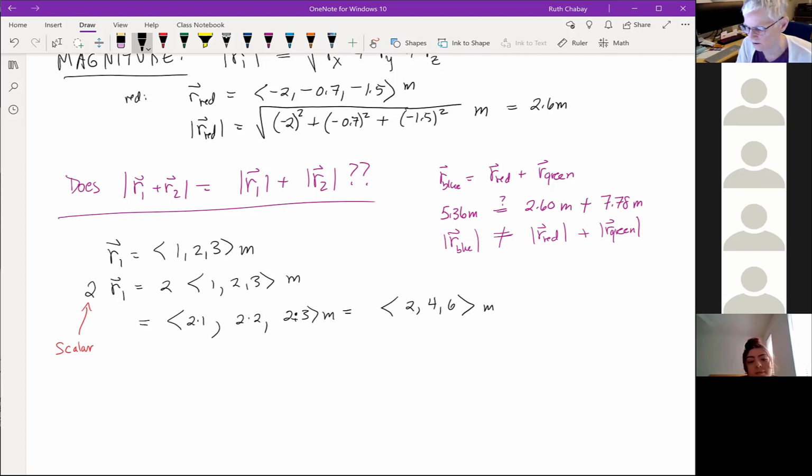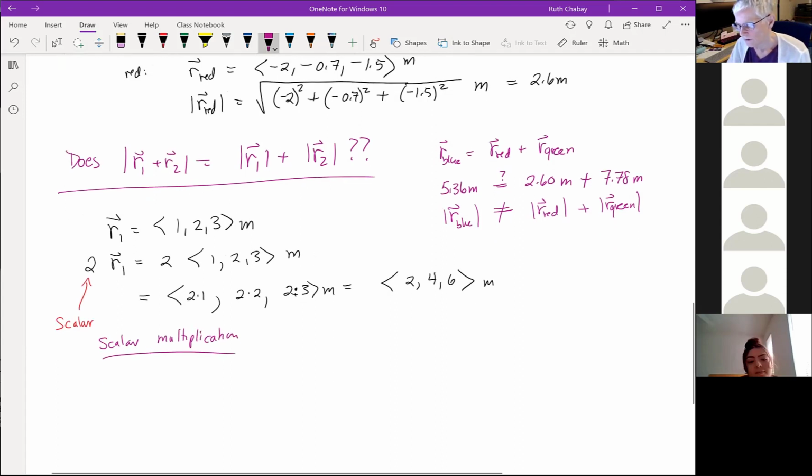So this is called scalar multiplication. We can multiply a vector by a scalar. We can, of course, multiply by a scalar that's smaller than 1, which is the same as division. So R1 divided by 2 would be the same as a half times 1, 2, 3, which would be 0.5, 1, 1.5 meters.